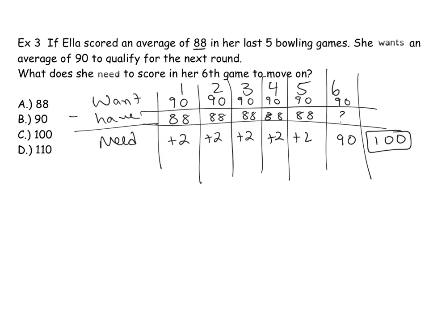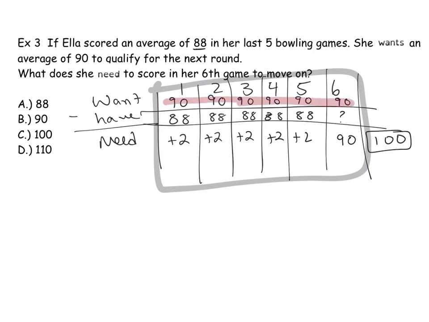Now, rather than filling out this entire table here, we can kind of simplify it. Okay? If we look across our wants, all of our wants are the exact same. They're all 90. That's what an average of 90 means. And so a great way to add up the same number a various amount of times is through multiplication.